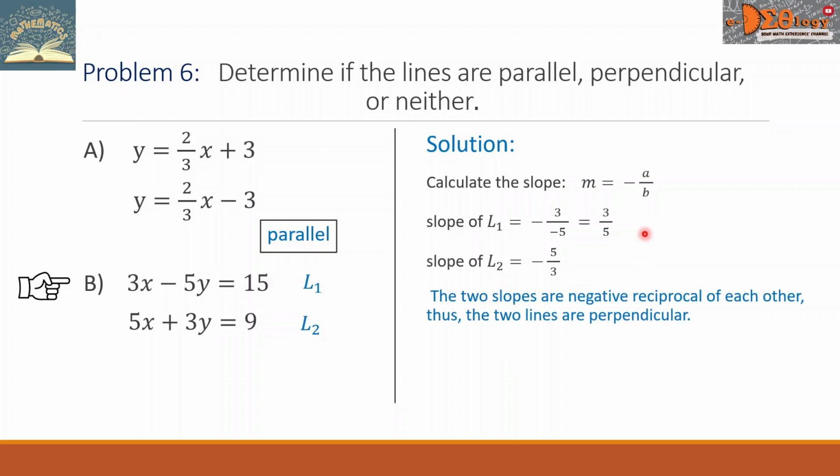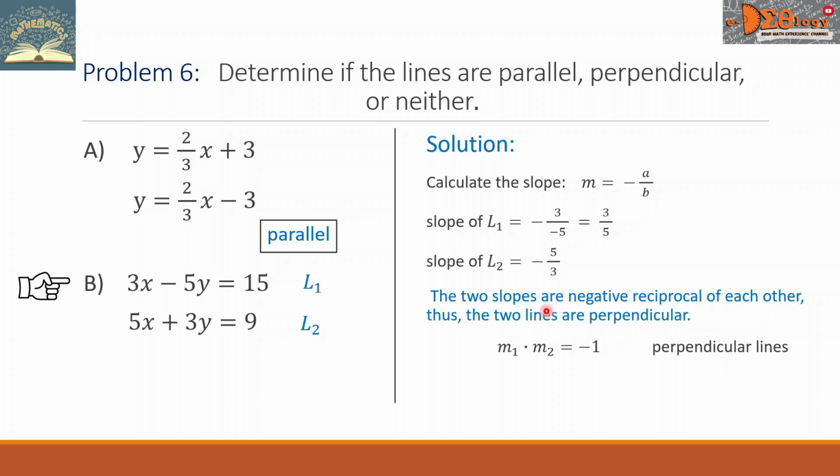We can see that the slopes are negative reciprocal of each other. This is 3 over 5. The other is negative 5 over 3. So we conclude the two lines are perpendicular. In some books, they do it like this. The slopes, when we multiply together, the answer must be negative 1.